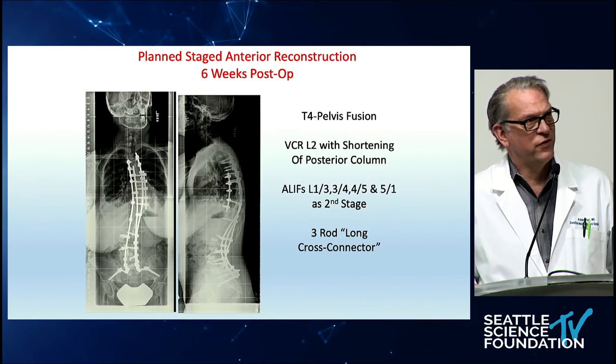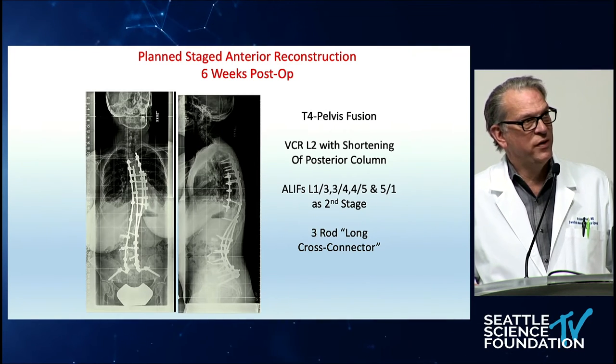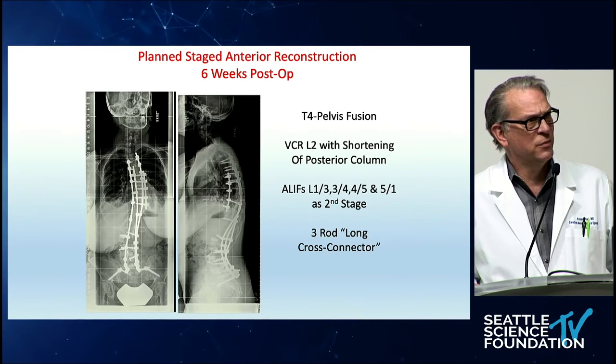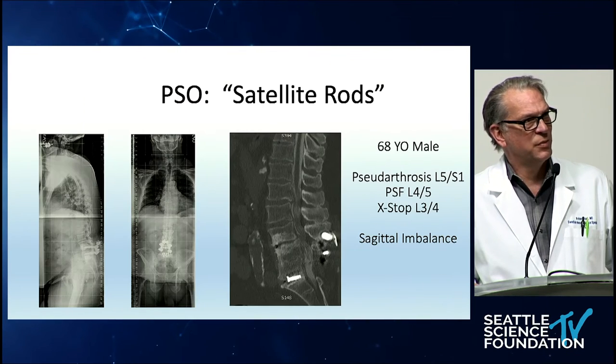You can see there are about 4 or 5 dominoes between the 3rd rod and the 2 primary rods, 2 or 3 at the top and bottom, extending all the way from the top of the construct down to the pelvic connector just below the sacral screw. And she did very nicely from that and showed complete healing within a couple of years.